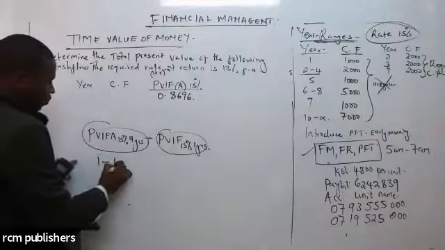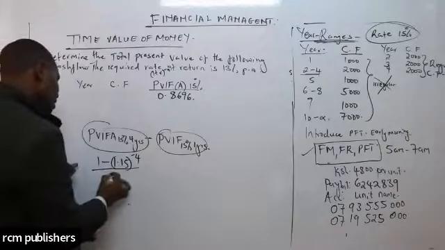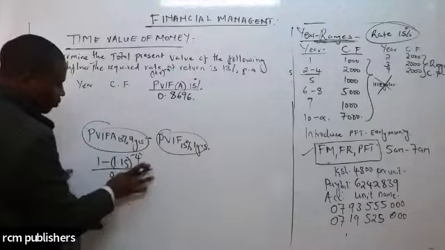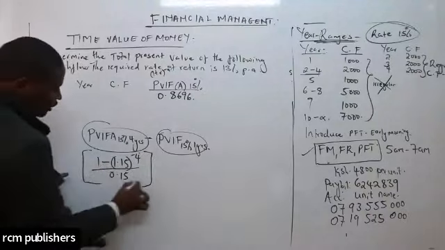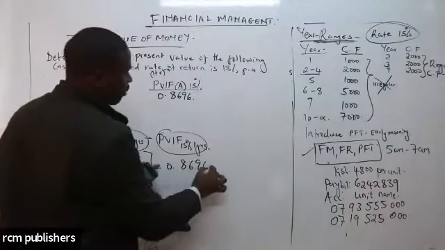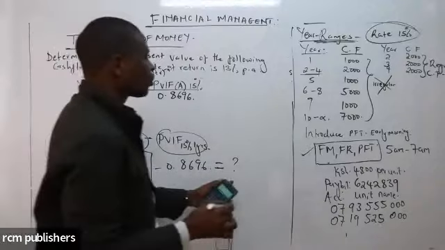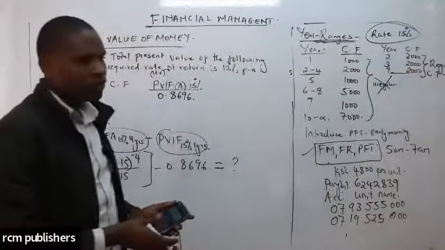1 minus 1.15 raised to power negative 4, divided by 0.15, and then whatever you get here, class, I want to give you a hint. You less what? 0.8696. Now the difference, whatever you get there, is what you bring here for the PV for year 2. Have you understood?